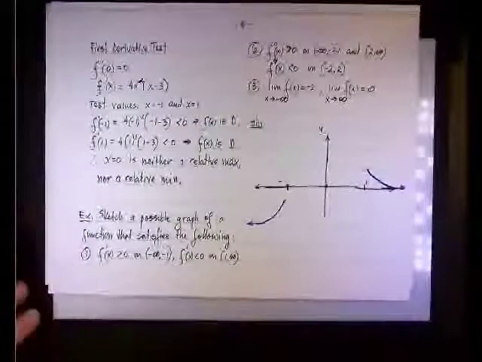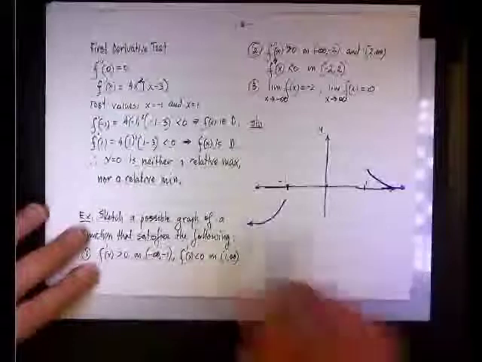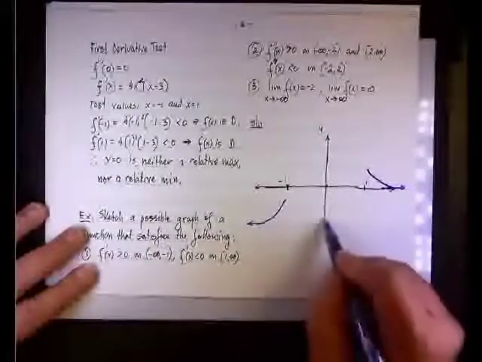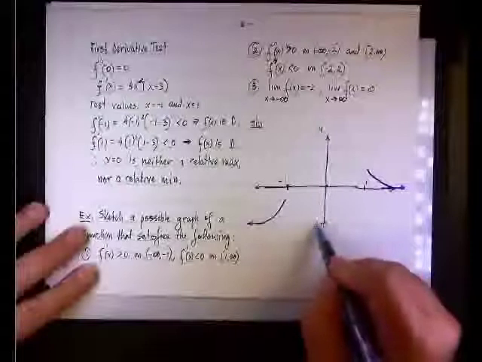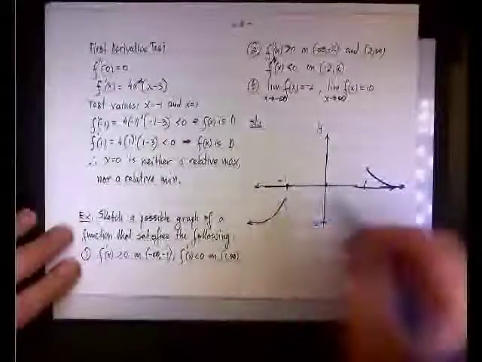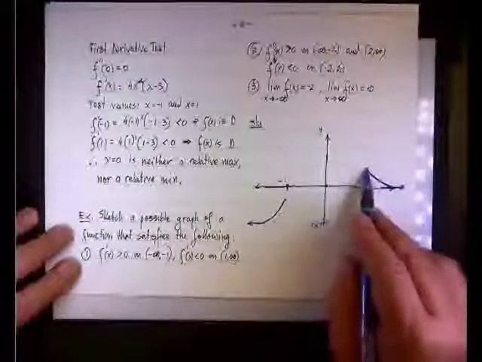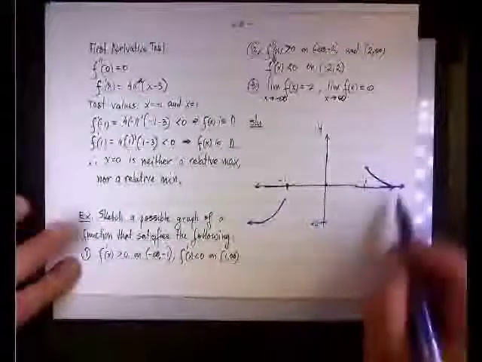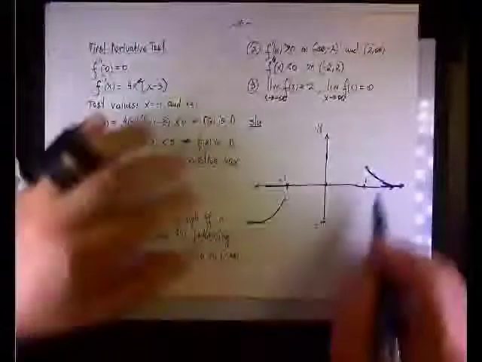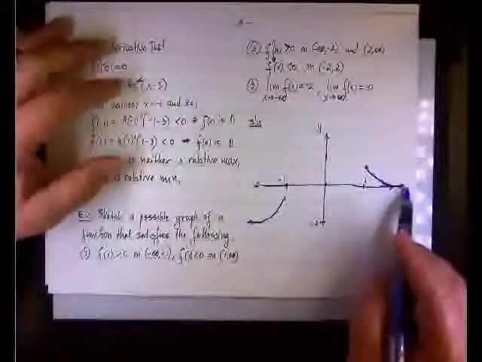It tells me where the function is increasing and where it is decreasing. Again, as I go from left to right, I start at negative 2, so this is negative 2 right there. And I go up, I'm increasing until I get to a certain point. I don't know beyond that. And as I go from left to right, I'm going down from positive 1. I don't know the value of y here, but I know that I'll end up at 0.